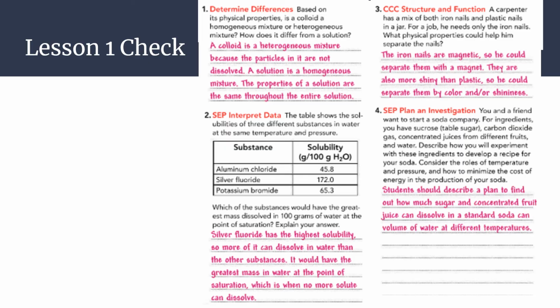So your answer should describe a plan to find out how much sugar and concentrated fruit juice can dissolve in a standard soda can volume of water at different temperatures. So that's what you're going to be doing, and you're going to explain how you can do that in some way, shape, or form. And once you've done that, you've completed your lesson 1 check.